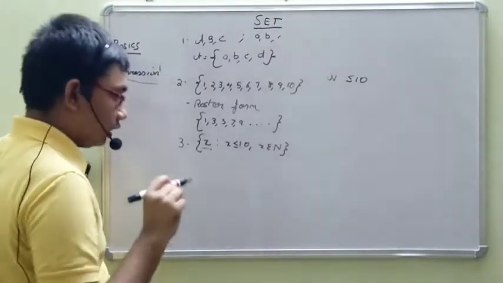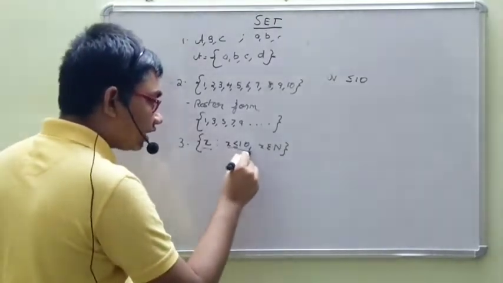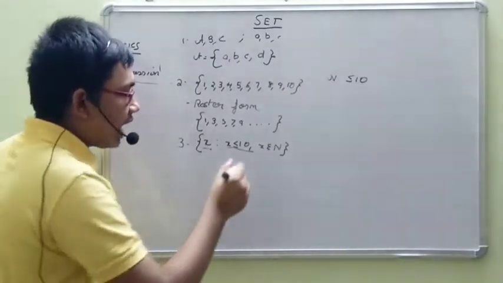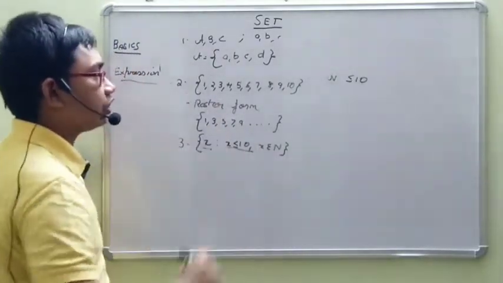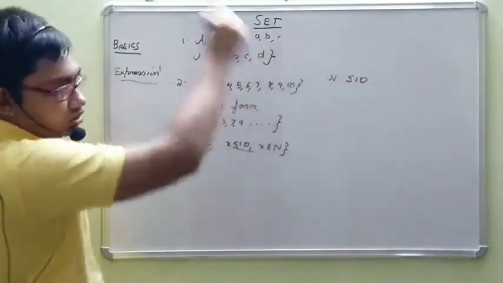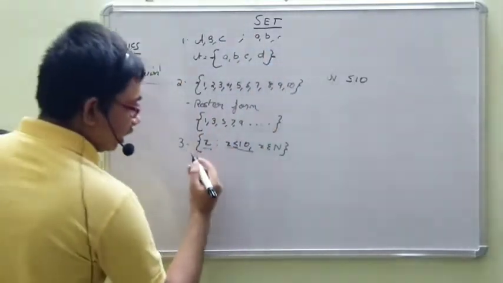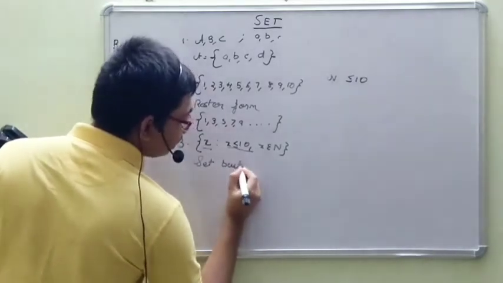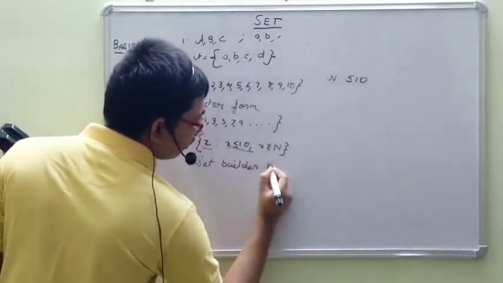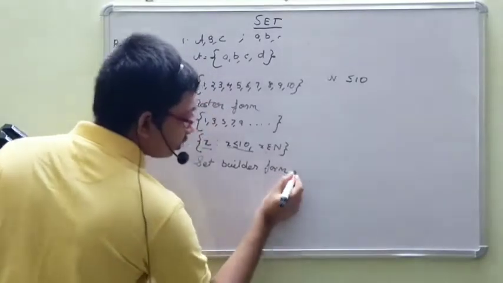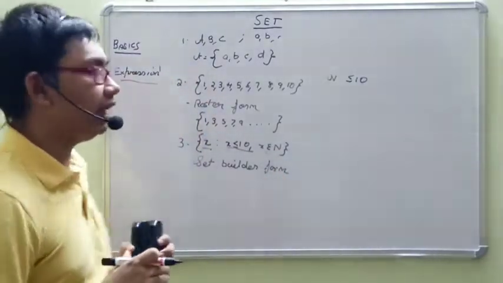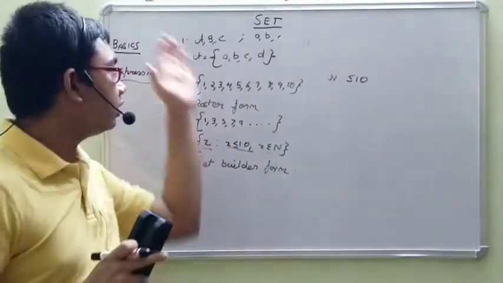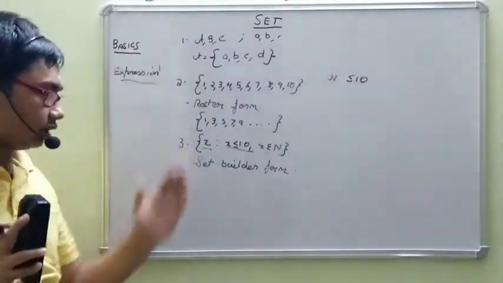So that x is less than or equal to 10, so definitely it is not going to be greater than 10, and x is an element of the set of natural numbers. This method is called the set builder form. We are just writing a rule which depicts the property commonly possessed by elements of the set. This is how we write the set.